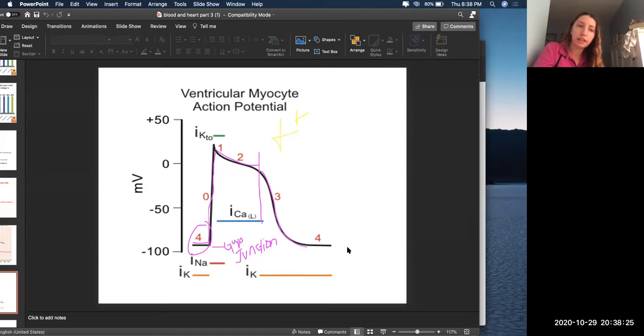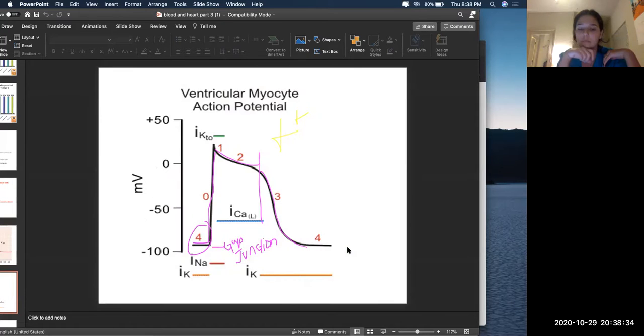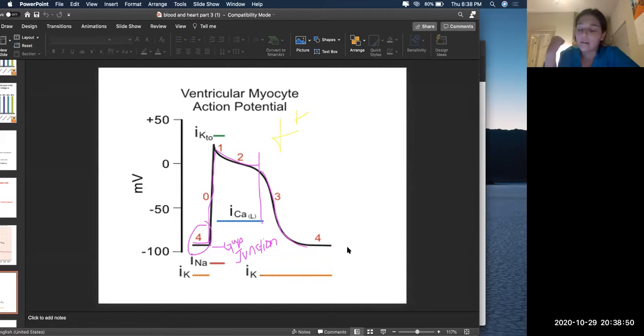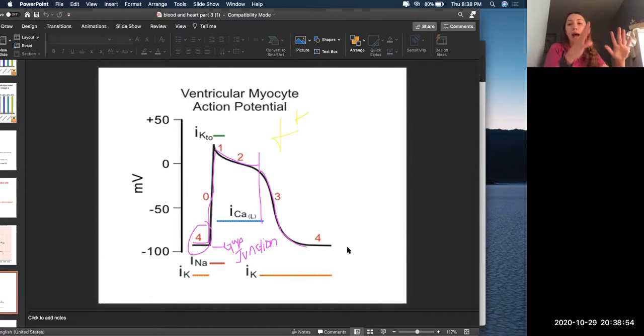So when we're talking about it, it kind of goes like this, and it goes up, and then once there's voltage gated calcium channels open, it causes the depolarization via the gap junctions. Basically through the electrical circuit. And once that happens, then it triggers this.